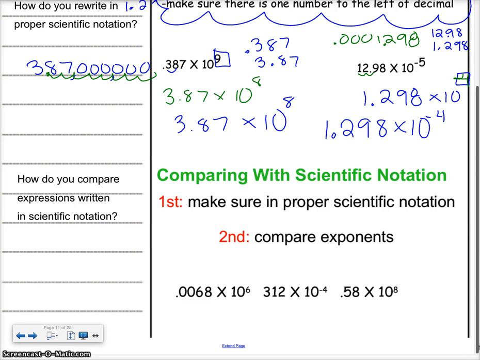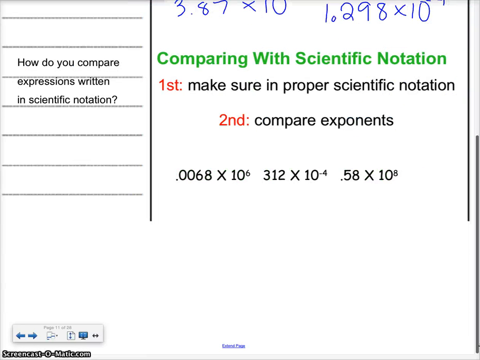You're going to have to convert things into proper scientific notation. Another application of that is comparing. When you compare, you want to make sure they're all in proper form, and then you compare the exponents. That's all. Comparing with scientific notation is decent; you just have to make sure it's in proper form. So this one is not in proper form. I need to turn it into 6.8 times 10 to the, now I have to think about that exponent.